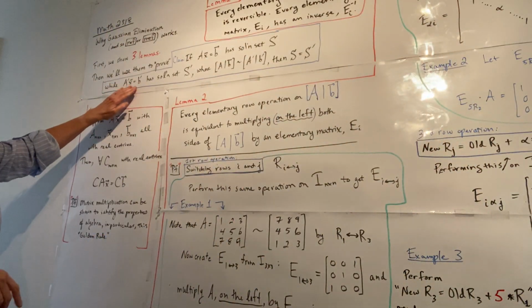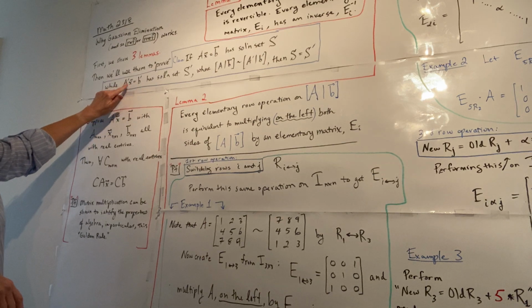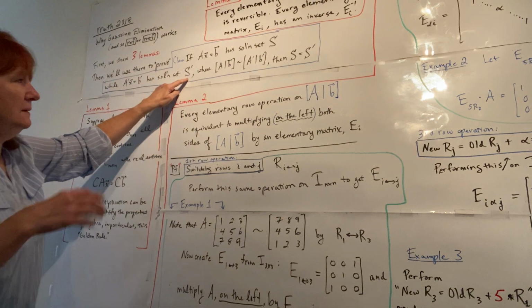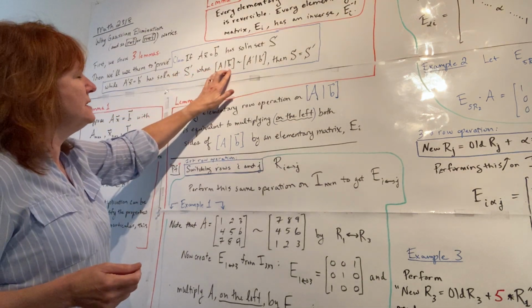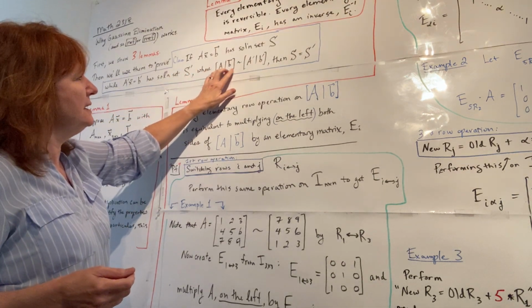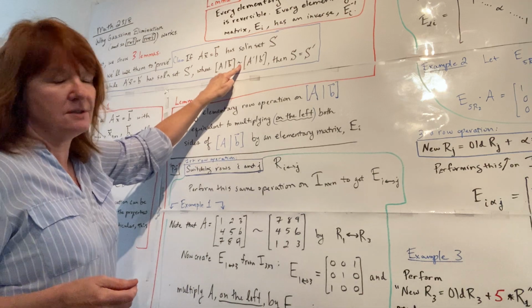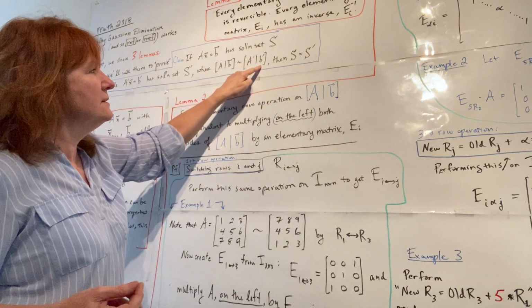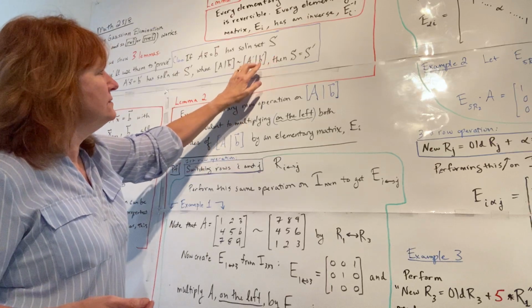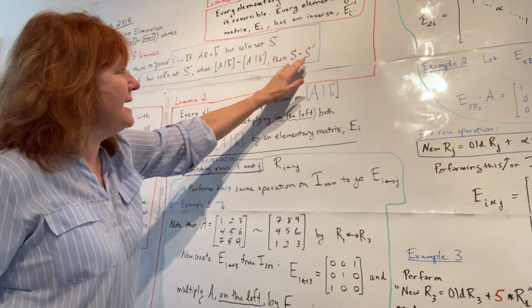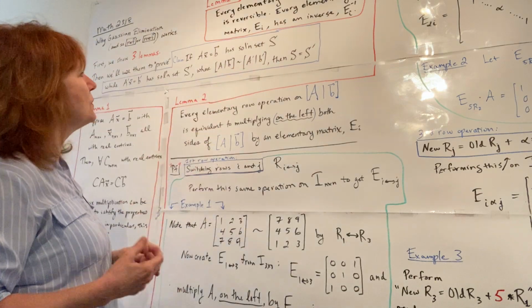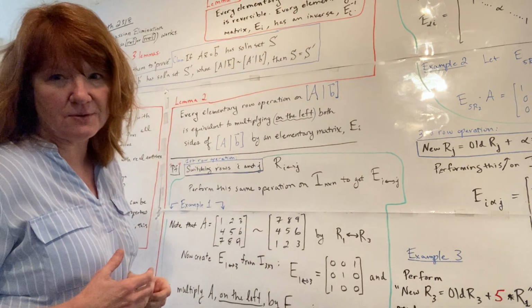And another equation, A prime x equal to B prime, has solution set S prime, and it's true that the augmented matrix AB is row equivalent to A prime, B prime, then the solution set of the first is exactly the same as the solution set of the row equivalent augmented matrix.